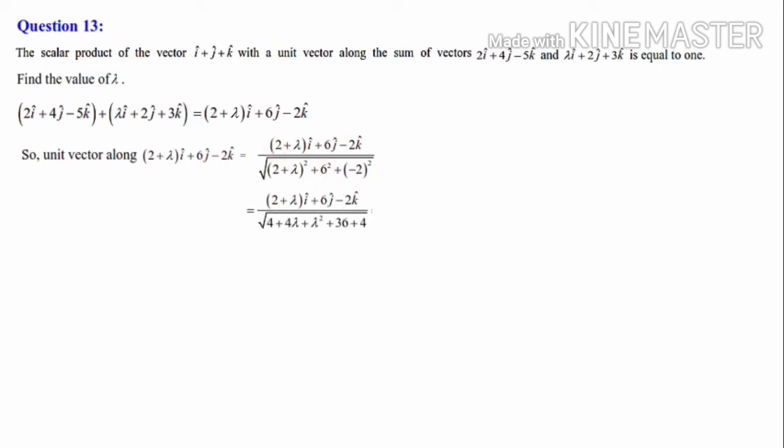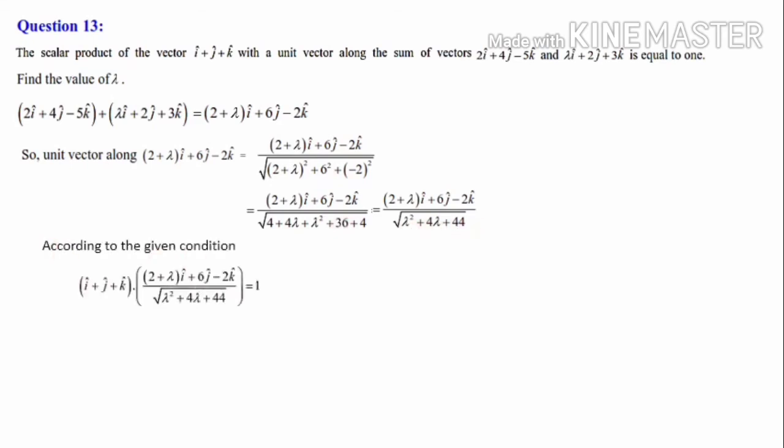Numerator remains the same, denominator we can expand it, that is root of 2 square is 4, then 2ab in a plus b the whole square expansion, 2ab in the sense 2 into lambda, that is 4 lambda, plus lambda square, 6 square is 36, minus 2 square is 4. That is numerator is same, denominator is lambda square is the first quantity, then 4 lambda remains the same. There are constants, 36 plus 4 is 40, plus 4 is 44, so it is simplified.